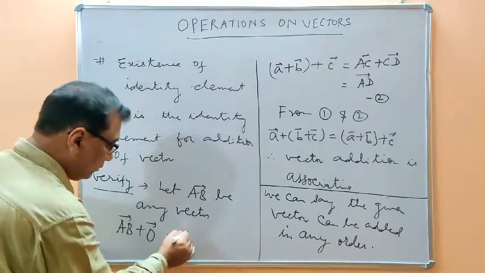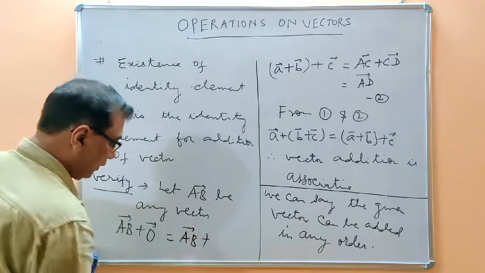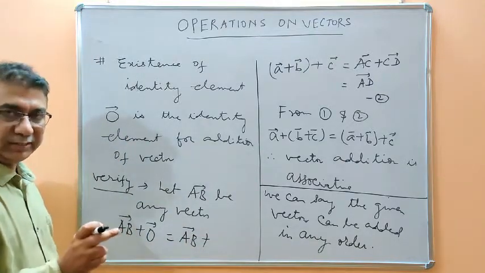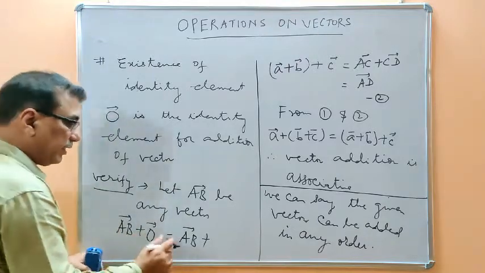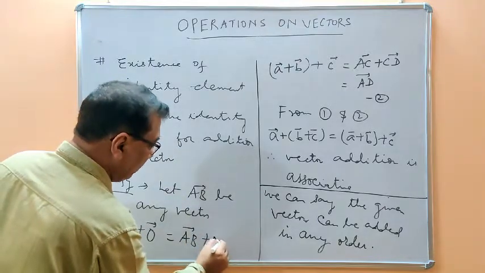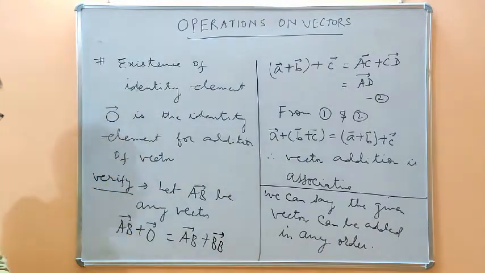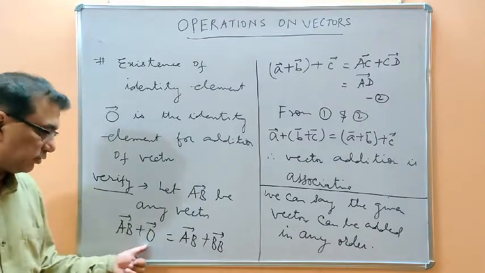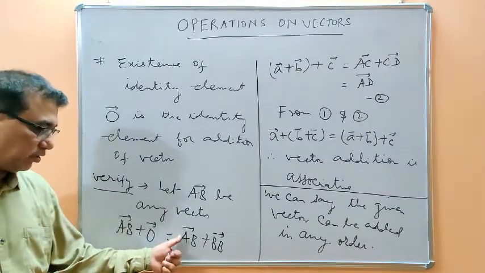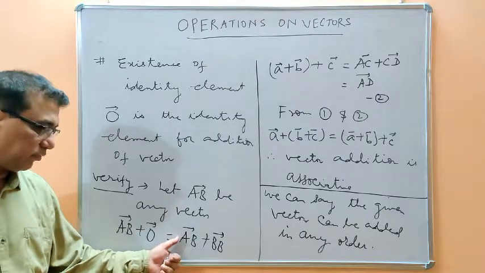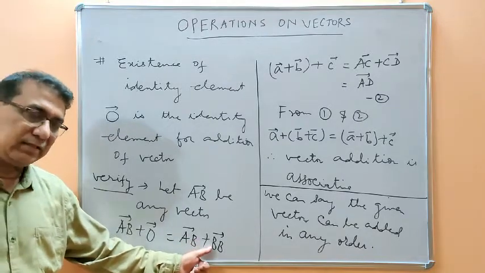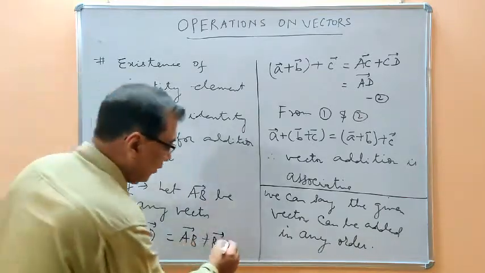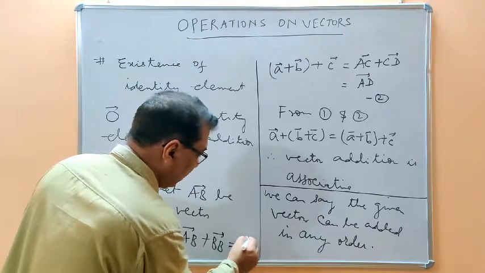So how is it possible? Now see, 0 is a vector in which the initial point and terminal point are both the same. So this may be written as BB. Since the initial and terminal points are the same, this represents the 0 vector. Now this is the addition of a vector AB, which begins from A and ends in B, and a vector beginning with B and ending in B. So the result will be AB. This is the definition of addition of vectors.